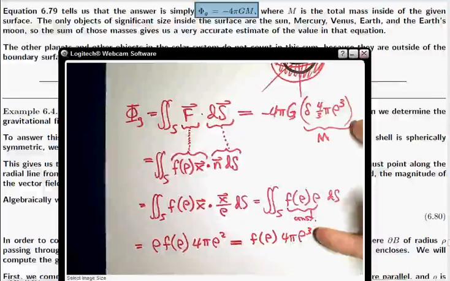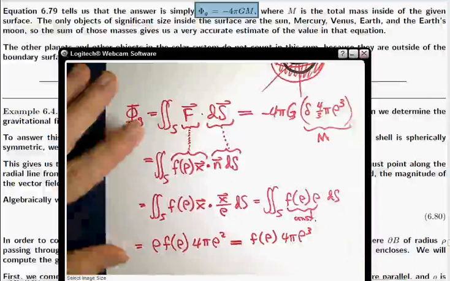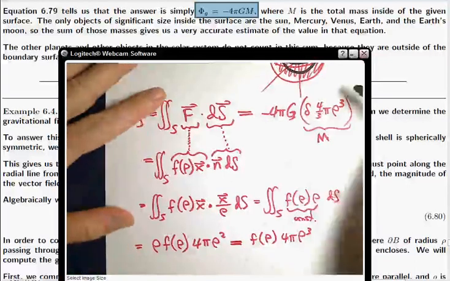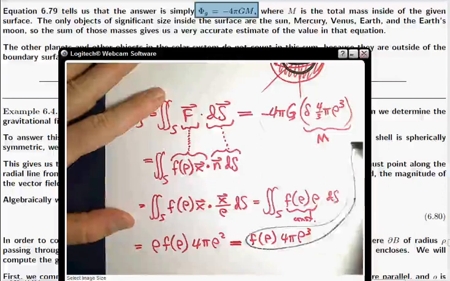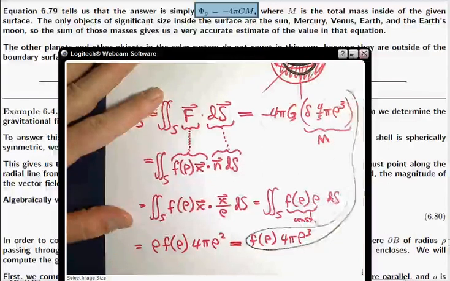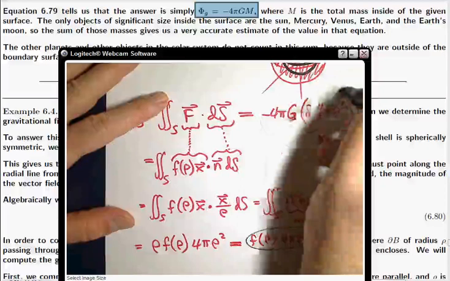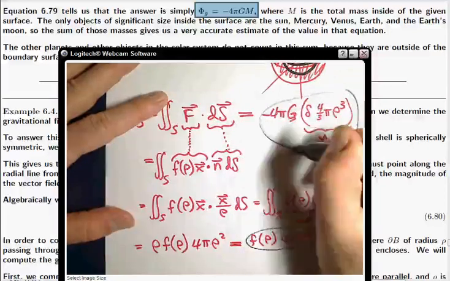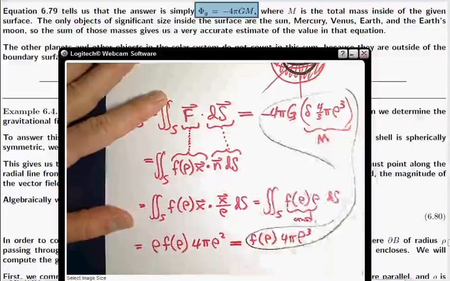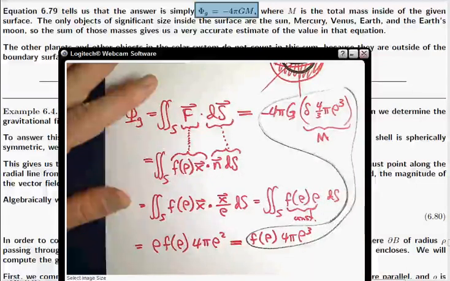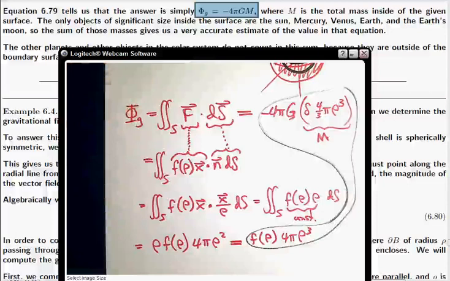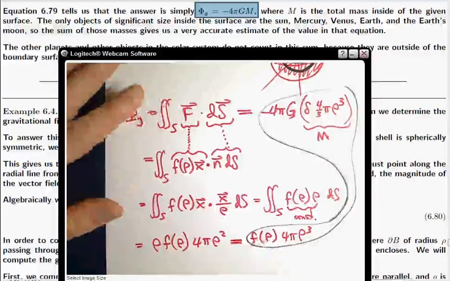This is our mathematical bank shot. And therefore, those two things are equal, and then I can just solve for f of rho. And let's see here.